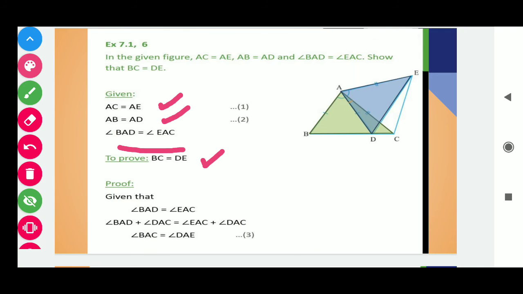Given that angle BAD is equal to angle EAC. Suppose students, we add on both sides the same angle, angle DAC. In this way, angle BAD plus angle DAC together will make the complete angle BAC. Now students, on the right hand side, angle EAC plus angle DAC, if we take both the angles together, then we get DAE.